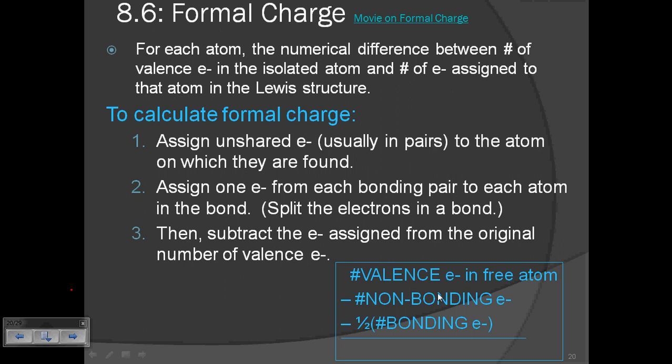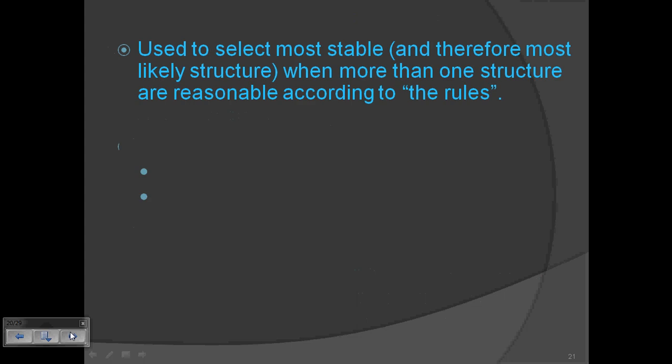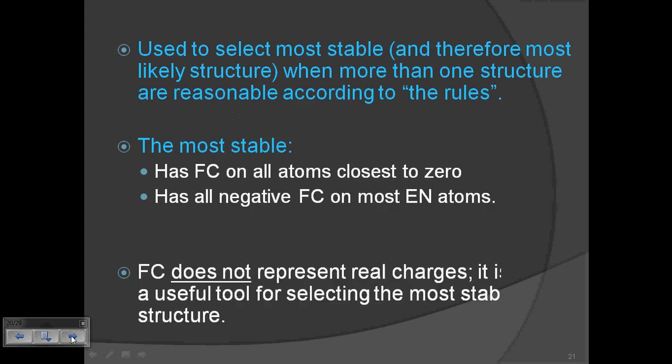Formal charge is calculated for each atom, not for the whole molecule or ion. You calculate formal charge for each atom. Now, once you're done calculating formal charge, how do you figure out which is the correct structure? These are the two important guidelines that help us determine that. The most stable Lewis structure is the one where the formal charge on all atoms is closest to 0.